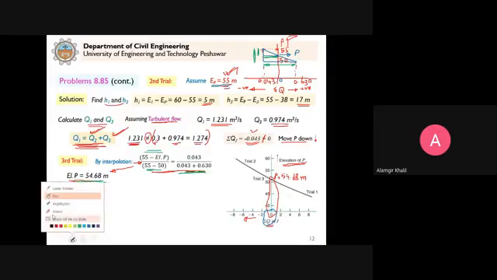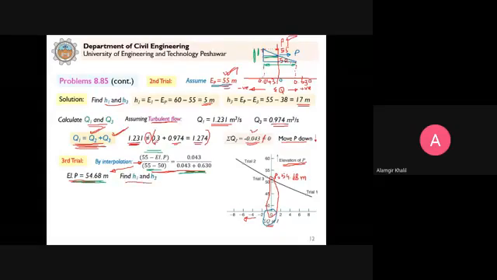So this is how we use this figure to help us. So now we have elevation of P. You can again find H1 and H3. Clear? This is the third trial, as we did in the first and second trial. So now H1 comes out to be 5.32 meter and H3 comes out to be 16.68 meter.